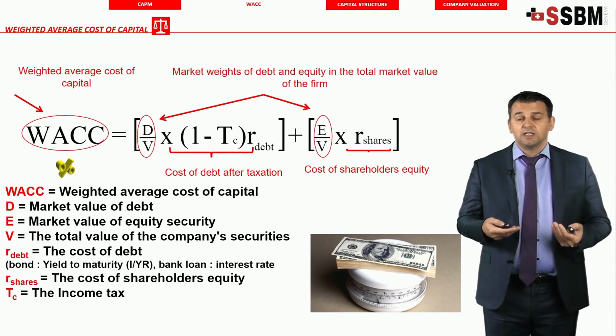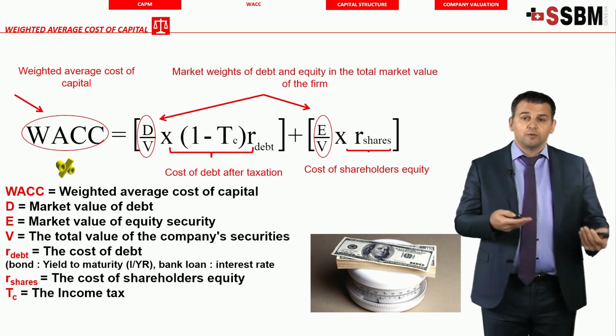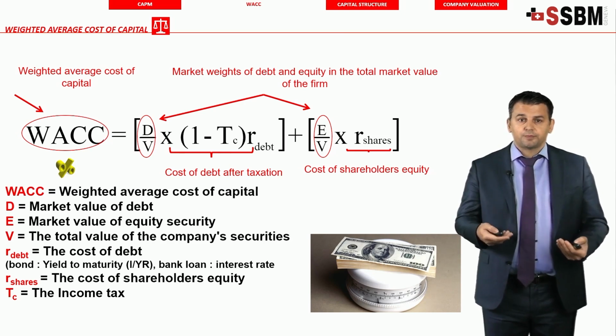I mean, the dividends are paid after net income, after you have paid profit tax. Whether you pay more or less dividends, you will pay the same amount of profit tax in your country. This is why we do not reduce the cost of the shareholders' equity by the profit tax.